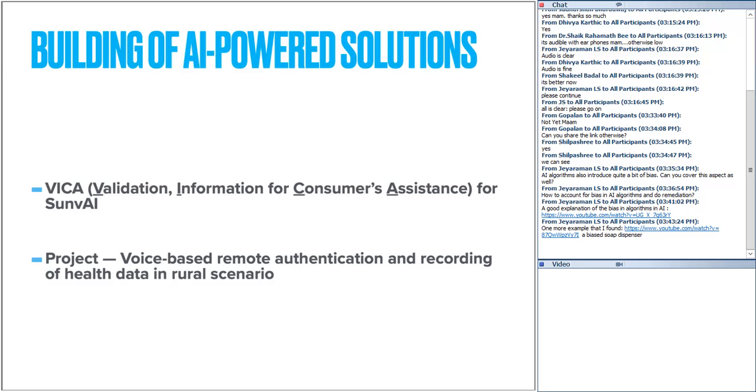But for verification, we chose to go with fingerprint, simply because of the kind of noise and the kind of accuracy you have in voice-based authentication on a feature phone in a rural scenario. Fingerprint-based authentication will work better as compared to voice-based.